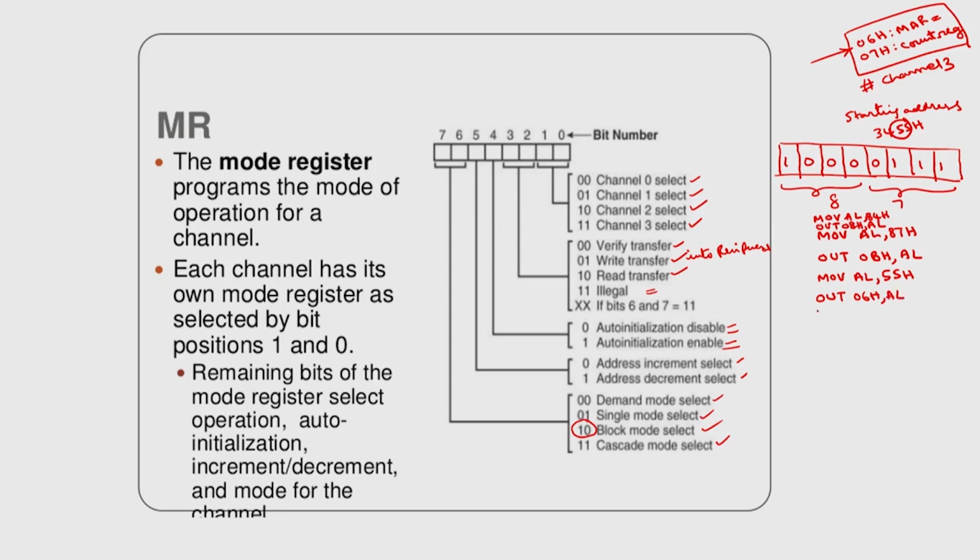It is actually possible to transfer the entire 16 bits onto a 16-bit port. Here I am assuming only 8-bit addresses. Then move, you take the higher order byte, which is 34H, onto the same memory address register whose address is 06H, comma AL. These 4 instructions will load the memory address register of channel 3 with 3455H.